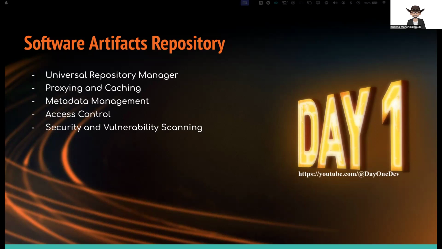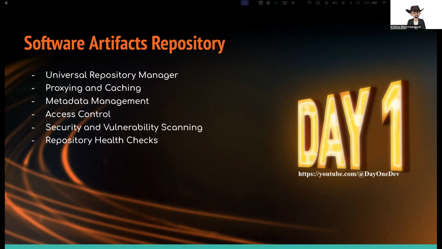As I called out, integration with security scanning tools to identify and remediate security vulnerabilities in artifacts. It helps you ensure the integrity and safety of software dependencies, which is really critical.